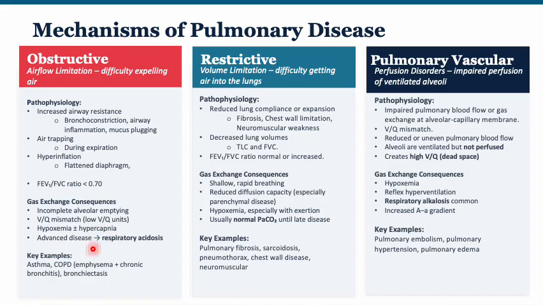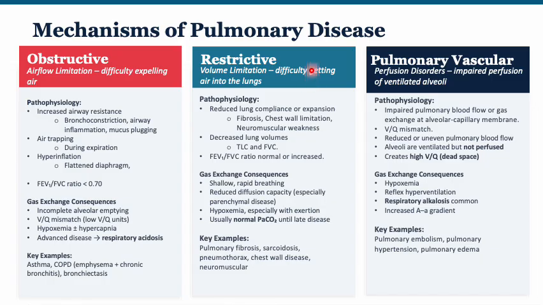In advanced disease, you would have respiratory acidosis and you would probably see some hypercapnia, meaning you would hold on to your bicarb. This is seen sometimes in asthma, but it can be reversible. It's also seen in COPD, and it can be seen in emphysema, chronic bronchitis, and bronchiectasis.